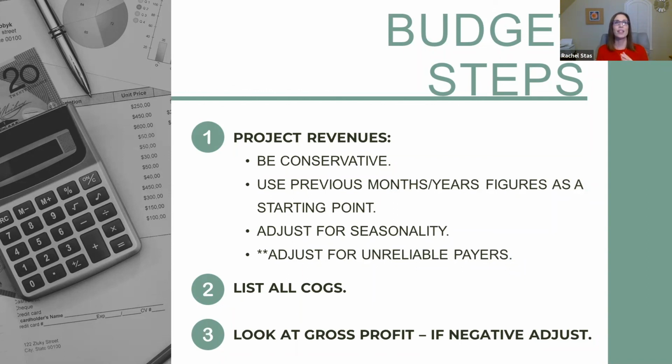Having a year of bookkeeping is really helpful because you can layer it out and say, okay, January is my slow month, but December is my high month, and you can move the revenues for those months. Using your previous months and years is a great starting point. You want to adjust for seasonality, for when your busy time of the year is. And then also give yourself a little bit of wiggle room for unreliable payers, or someone who just changes their mind.